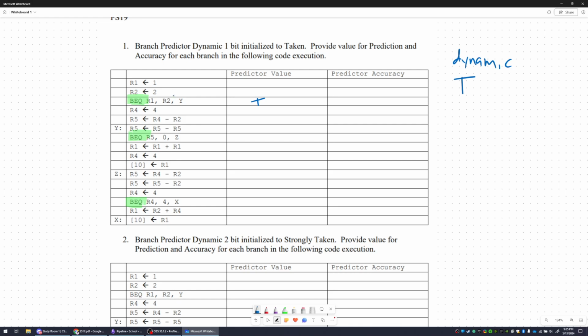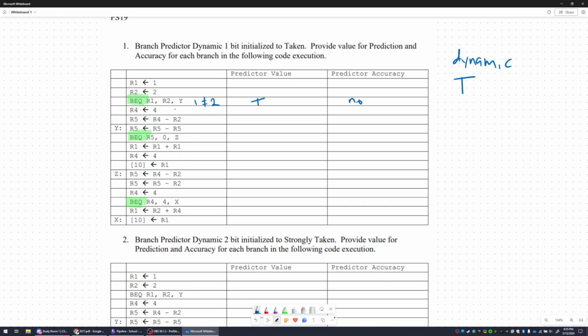And then we check. R1 has a 1, and R2 has a 2. This one said if it's equal, then take the branch. And they weren't, so we don't. So it was a wrong prediction, right? Because 1 is not equal to 2.